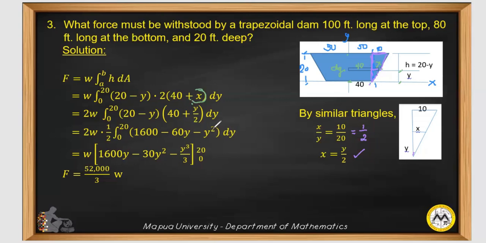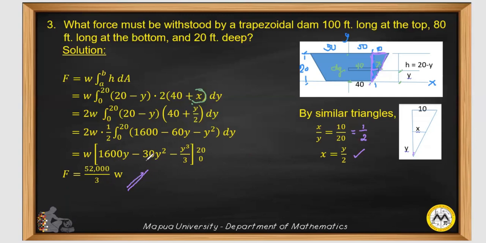Then the integral of y squared dy is y cubed over 3, limits going from 0 to 20. If we replace y by the upper limit 20, minus the value of the integral at the lower limit 0, that gives us the force due to liquid pressure equal to 52,000 over 3 times the weight density of water, which is W. So the force due to liquid pressure is 52,000 over 3 W.